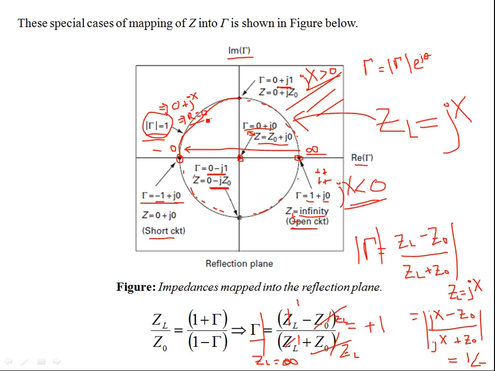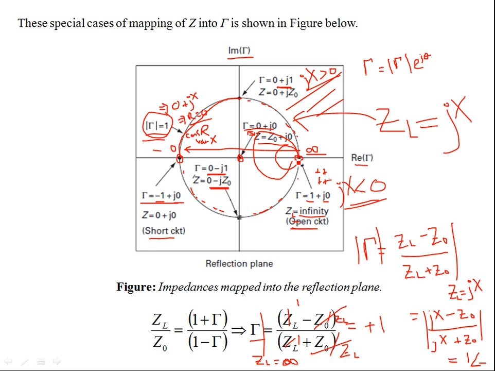This has another implication: if you have different constant r's, that is constant real parts, and you vary x, then you are going to get a series of circles which may start with the open circuit condition, and from this point on, with variable radii on the real axis, you have something like this.